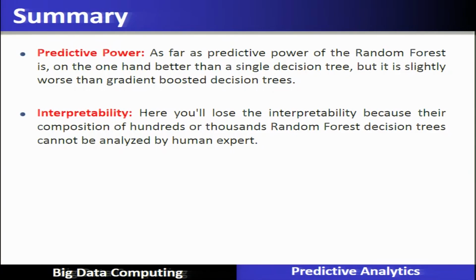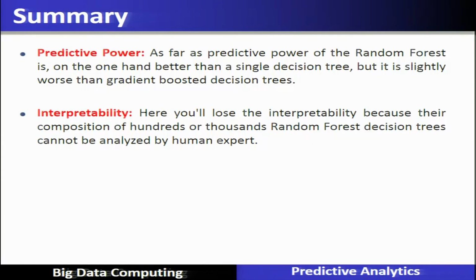Another aspect of random forest is the predictive power. The predictive power of random forest is on one hand better than a single decision tree, but slightly worse than gradient boosted decision trees. Another part is interpretability. Here the interpretability is not that good.